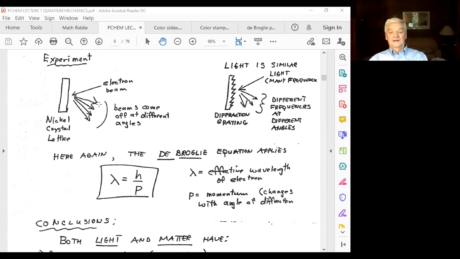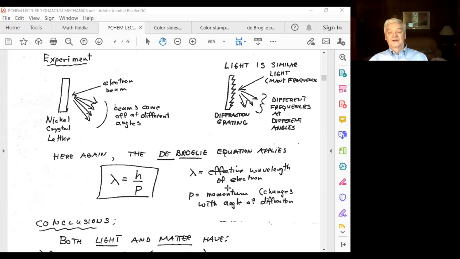And for the electron beam, it turns out the de Broglie relationship works again. Notice that for electrons, you can measure the kinetic energy coming off, so you know the velocity of the electrons, so you can calculate the momentum. And then you can relate the momentum to the wavelength that that electron has.